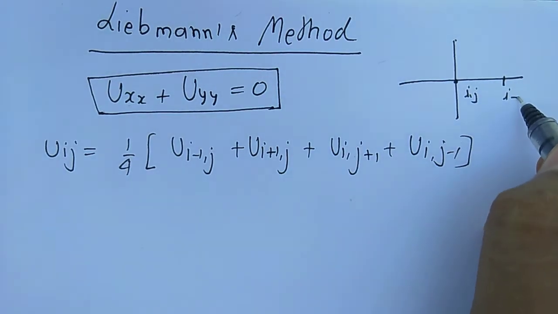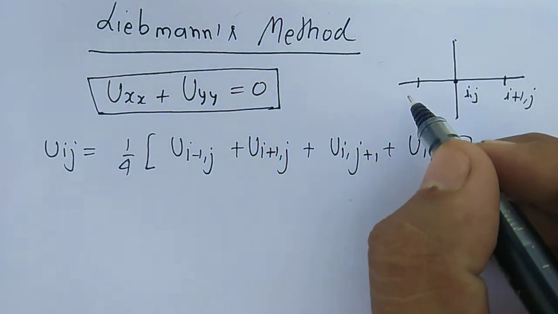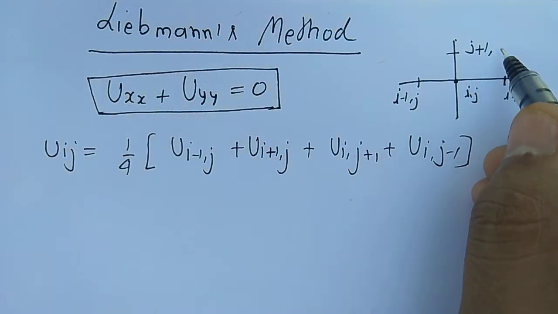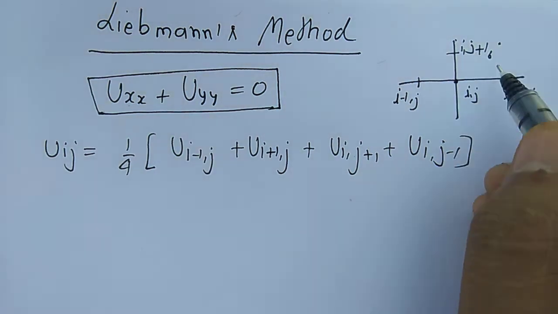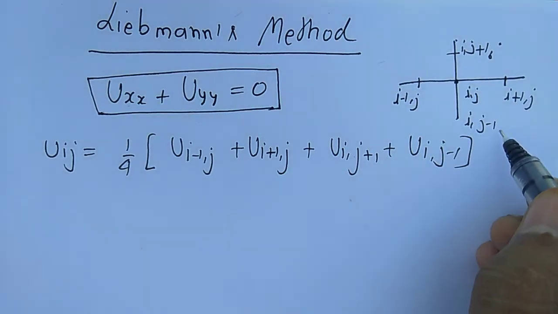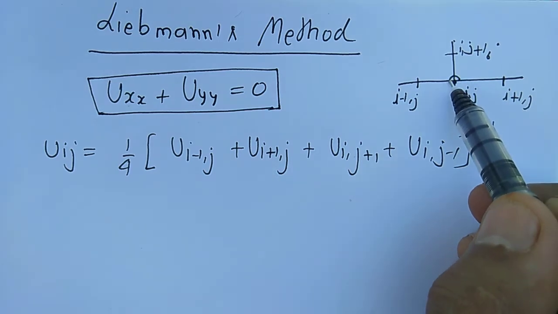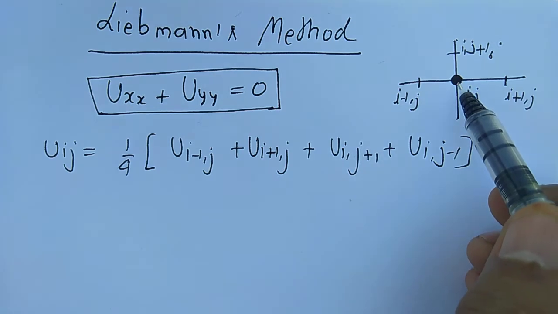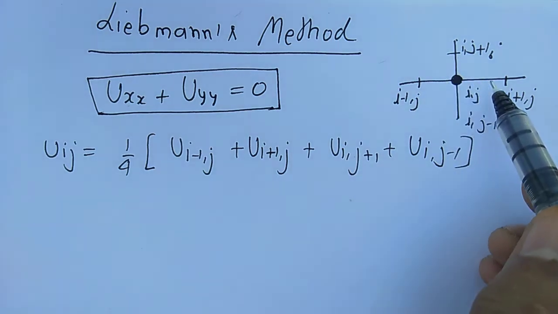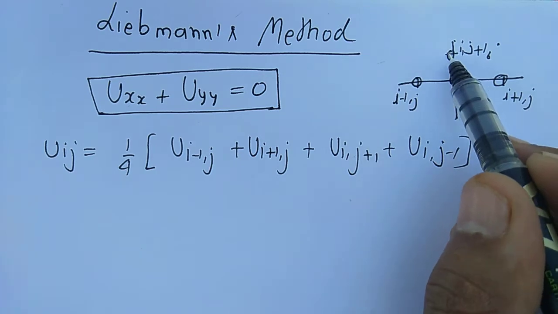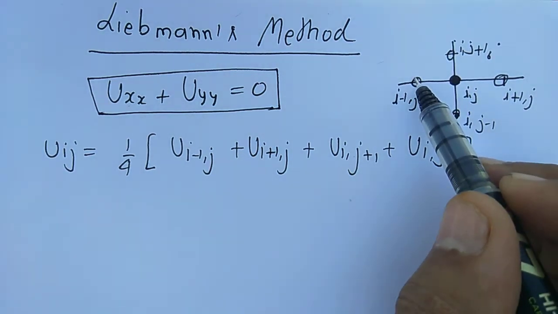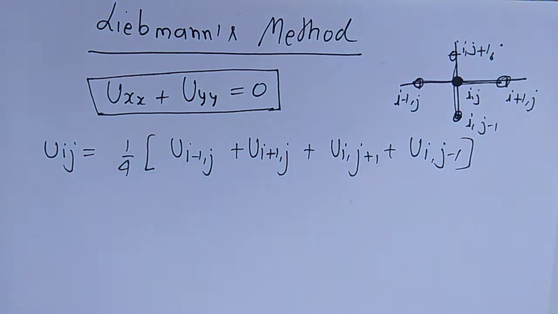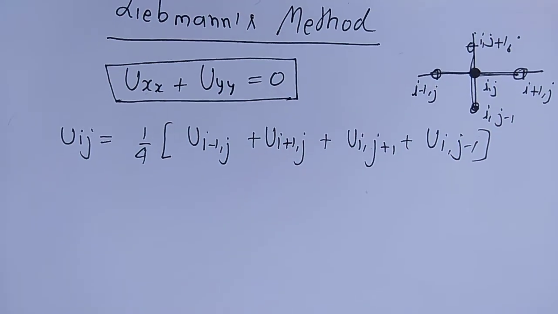This will be your i plus 1 comma j, this will be i minus 1 comma j, this will be i comma j plus 1, and this is i comma j minus 1. So the value of u at the i j point equals the average of the value of u at these 4 points. This is your standard 5-point formula, and this is one iterative method.